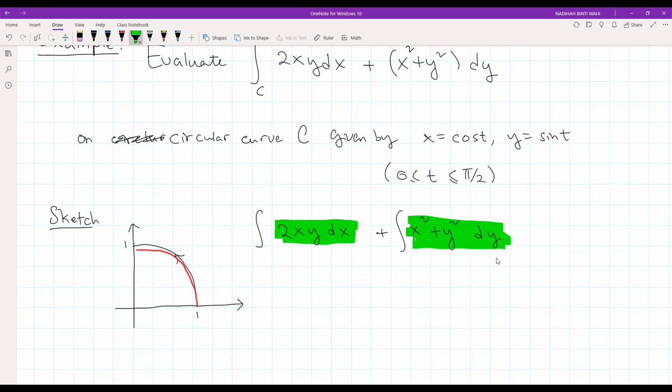So x and y in terms of other variables. All right. So we need to determine the range for x, from x1 to x2, and then from y1 to y2. Okay, let's see 2xy dengan dx. Let's see this one first. Kita ambil yang ni dahulu. So we take this one first.